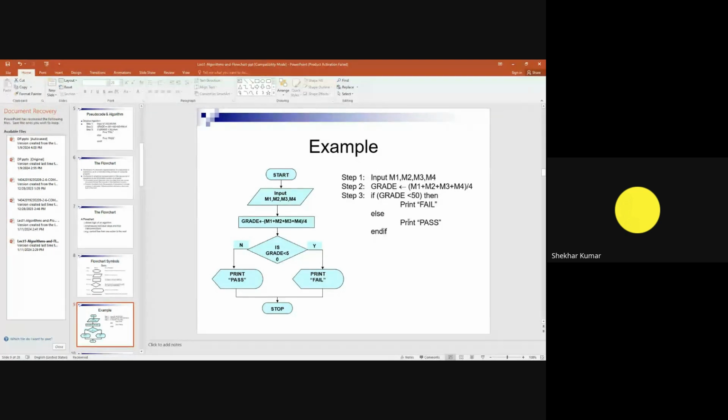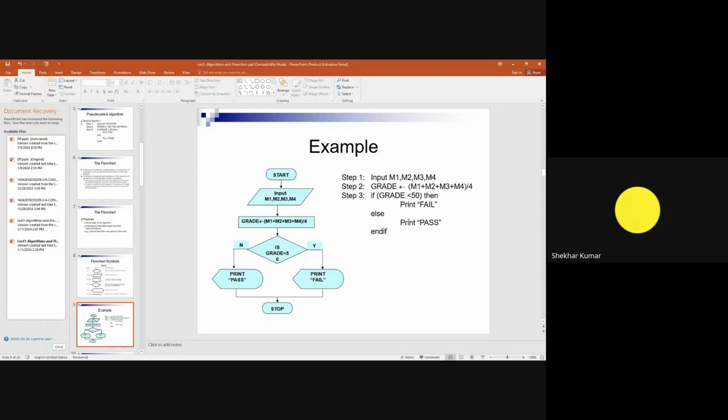In this problem, we have to find out whether the student has passed or failed on the basis of their average marks. The condition is, if the grade marks are less than 50, then the student has failed. If the marks are greater than 50, then the student has passed.